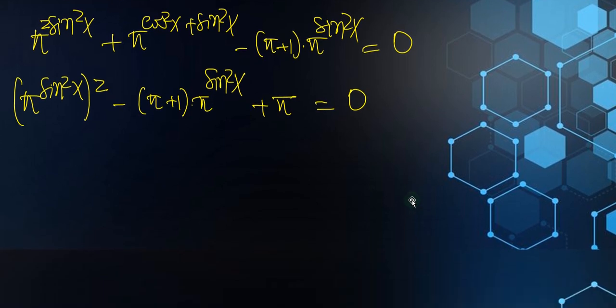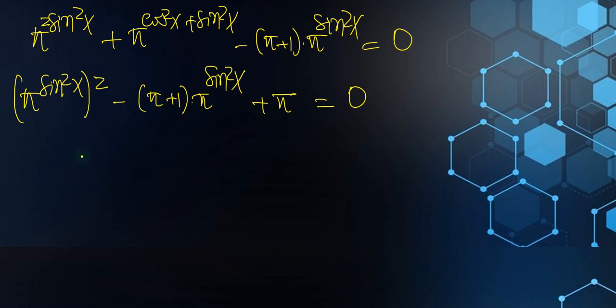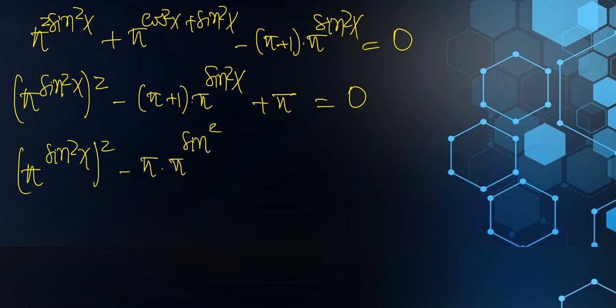What we have now is that I'm going to separate these terms. This is going to be pi to the sine square x, squared, minus pi times pi to the sine square x, and then minus pi to the sine square x, and then plus pi, and this is 0.